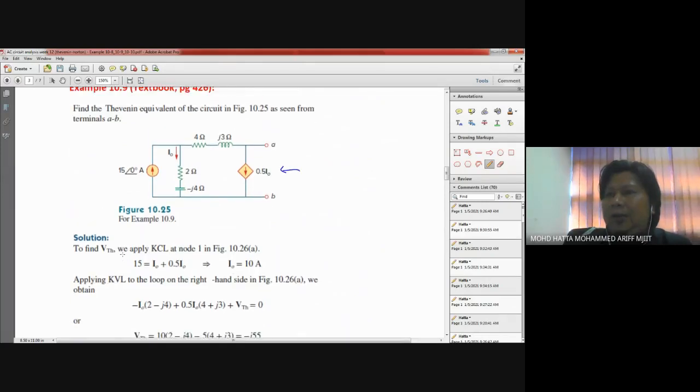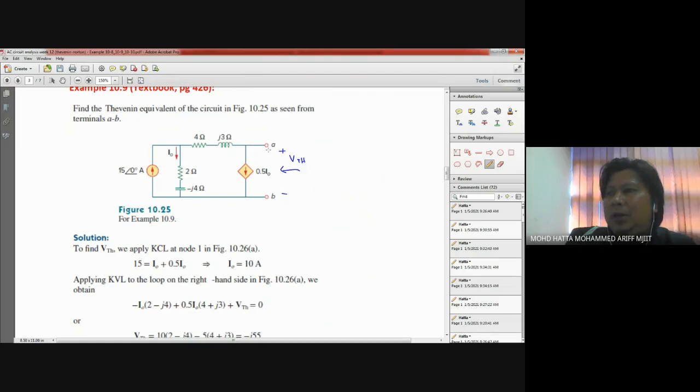To find VTH, we need to apply KCL. If you would like to calculate VTH, you refer back to the question, and VTH should be the voltage across the said terminal, in this case terminal A and B. So VTH is basically over here.